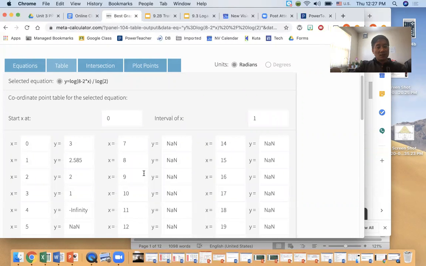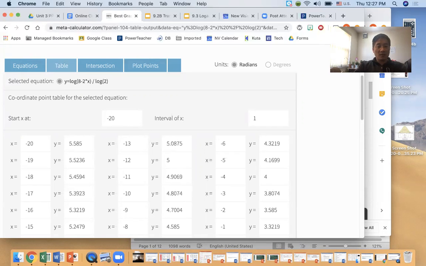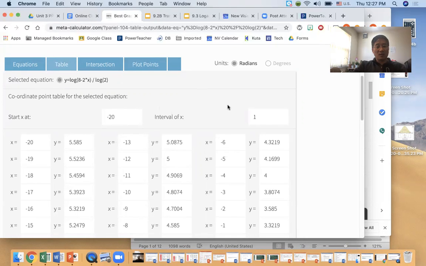And mostly it's in the negative values. Everything with x positive is mostly not available, right? So let's start from negative 20.